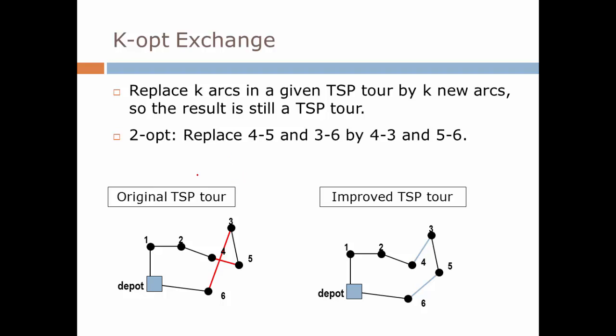Let me give you an example of a k-opt exchange method. Here the idea is to replace k arcs in a given TSP tour by k new arcs, so that the result is still a TSP route.